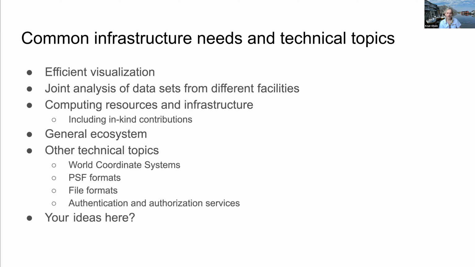With these large data sets come the need for compute resources at scale. And so those resources and infrastructure could be an important topic for discussion. And because these projects are so large and the data sets are so big, the general ecosystem that supports them, from getting data to making discoveries, are places where we could compare notes.